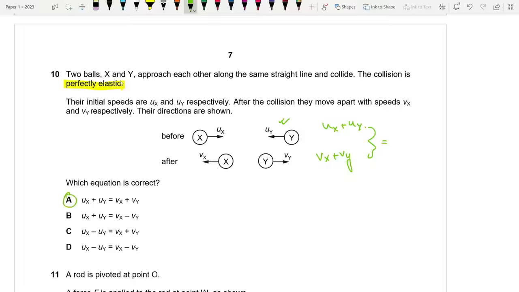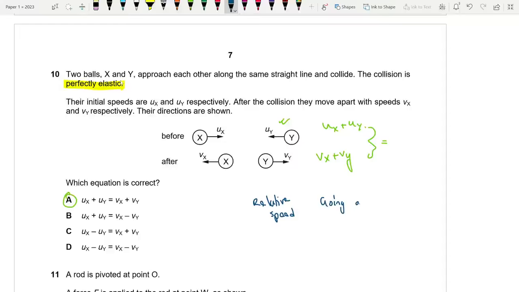That should be correct. So how would this differ? What if we had a scenario where ball y was going away? In that case, it would have been ux minus uy. Okay, so that's what you need to know. For relative speed of separation or approach, this is how you find relative speed.